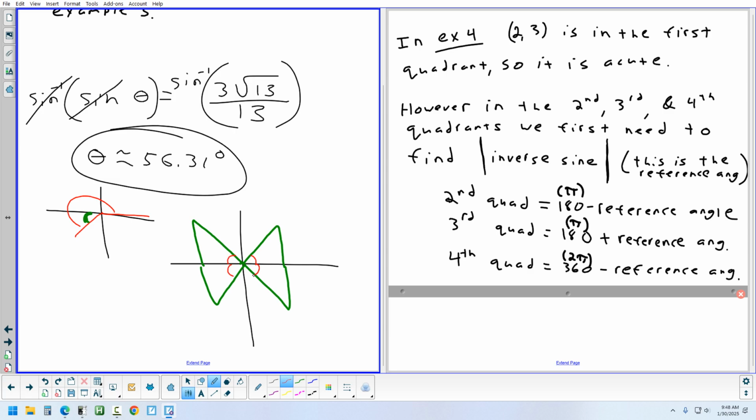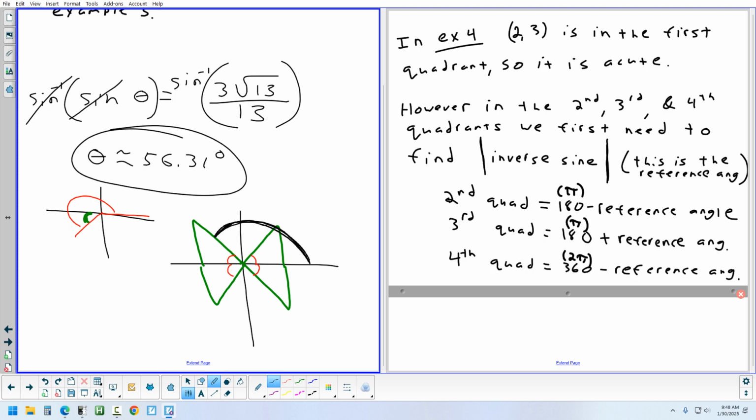It's the angle between the hypotenuse and the x-axis. If you are in quadrant 1, then the reference angle is automatically the angle you want. If you are in quadrant 2, the angle that you would want is that.